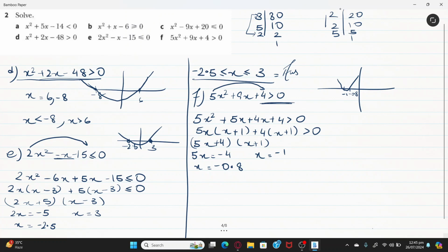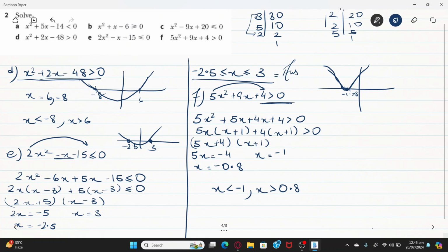Whenever we go before negative 1, meaning the values lower than negative 1, we are going to get positive values, and the values which are greater than negative 0.8 are going to give us positive values till infinity, and whatever are in between are going to give us negative values. So we can say that whenever x is less than negative 1, it's going to have positive values, and whenever x is greater than negative 0.8, it's going to have positive values. So that's basically it. This is question number 2.